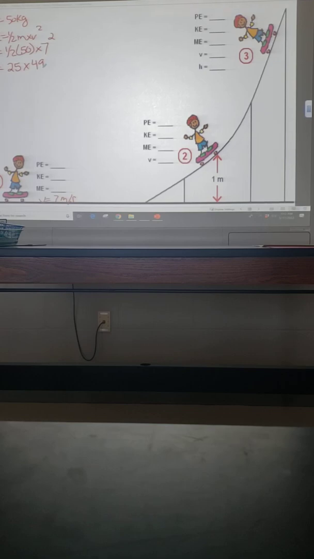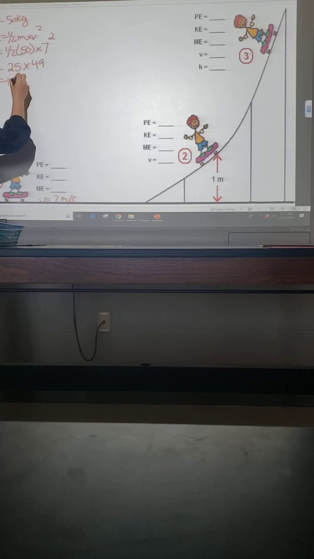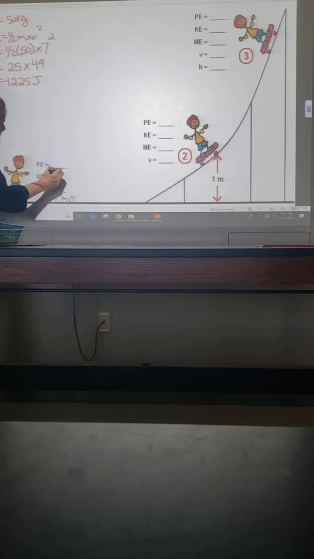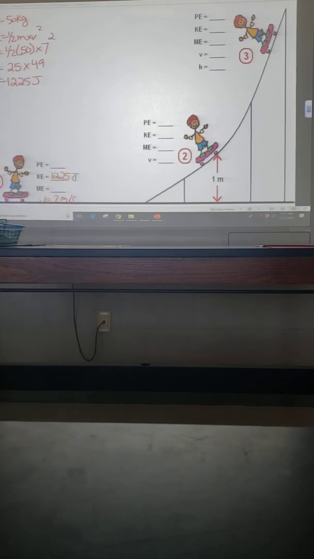What do we get? Austin, do you have that? 1,225. All right. So my kinetic is going to be 1,225 joules. So I can fill that in, 1,225, and I include my units of the capital J.